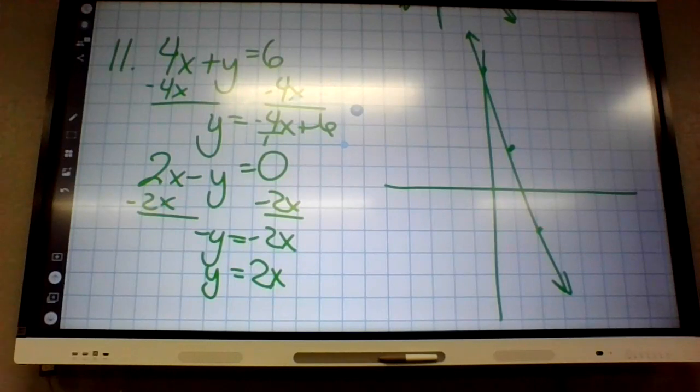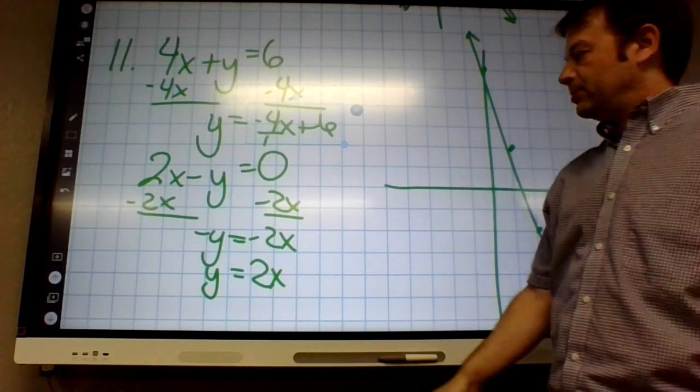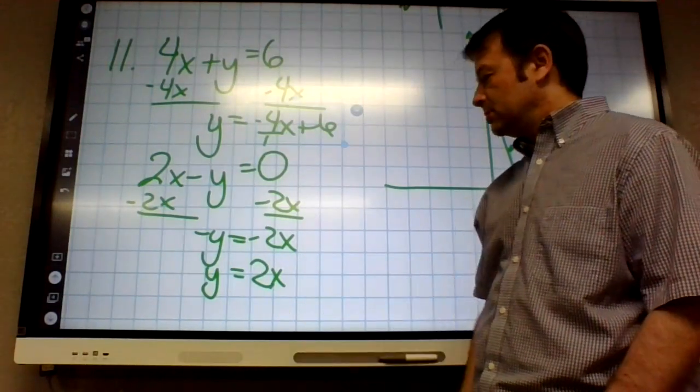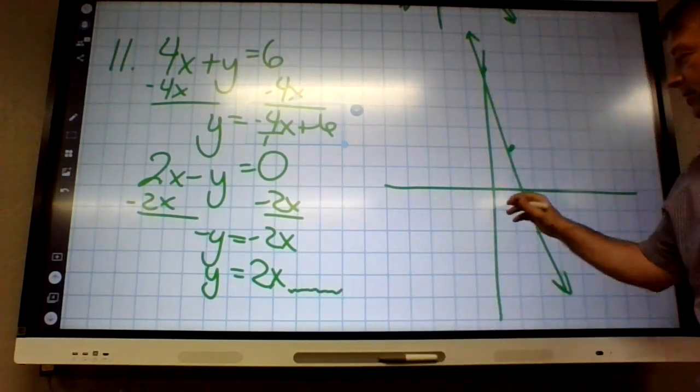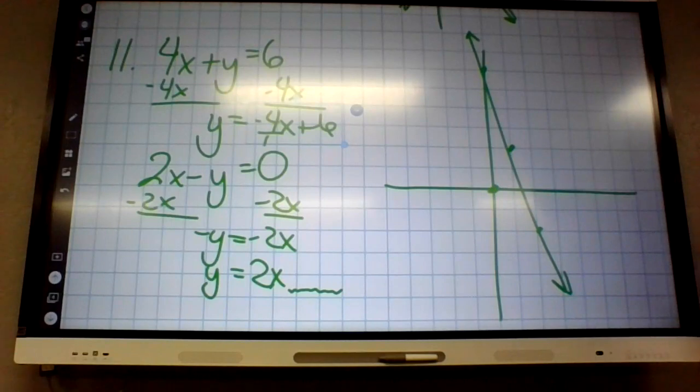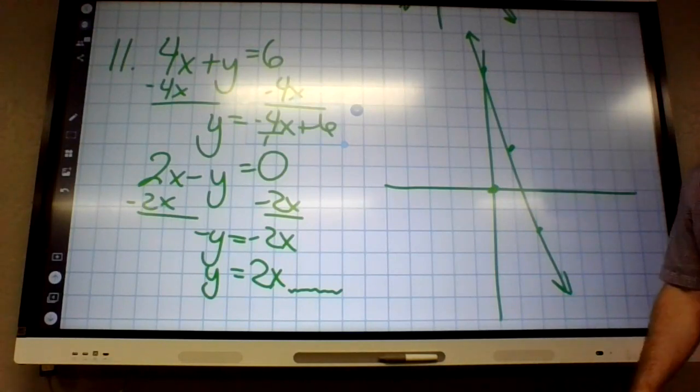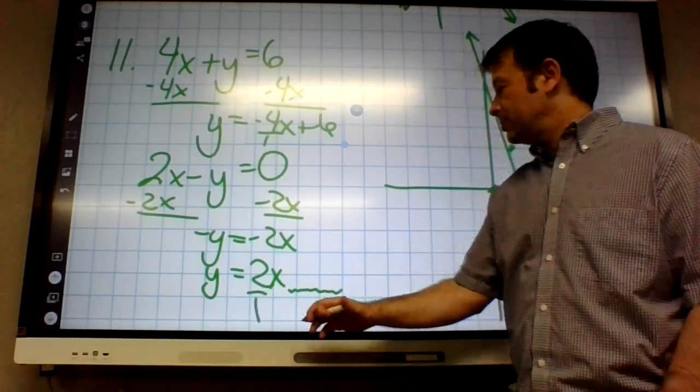And then, Willow, we're gonna start this one at 0, because there's nothing out there. And where are we going to go from there? Up 2 over 1.